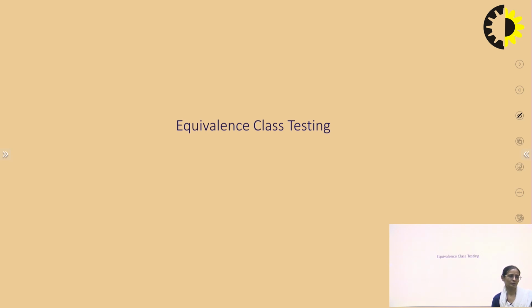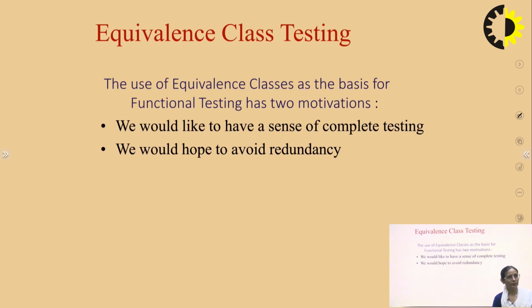Now the next is equivalence class testing. In equivalence class testing, the use of equivalence classes as the basis for functional testing has two motivations. We would like to have a sense of complete testing, and we would hope to avoid redundancy.